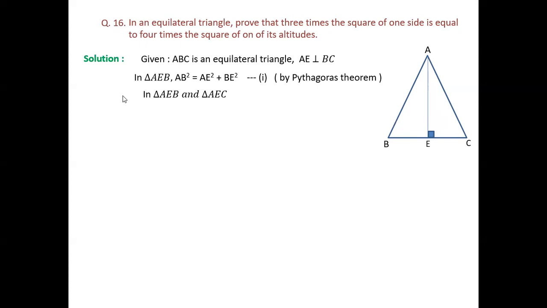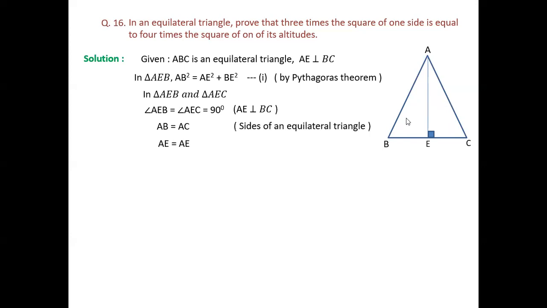So in triangles AEB and AEC, both angles at E are 90 degrees because AE is perpendicular, AB is equal to AC because they are the sides of an equilateral triangle, and AE is equal to AE, it's a common side.